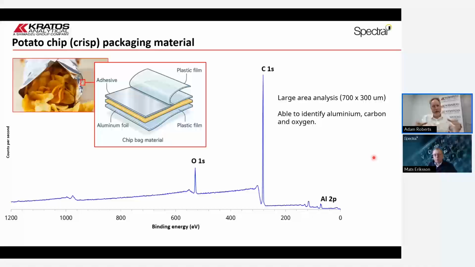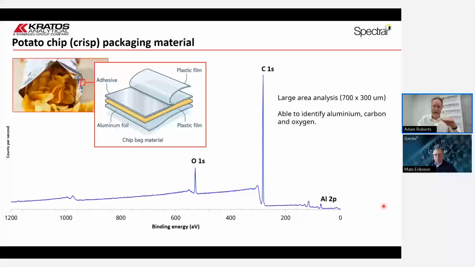So if we do a large area survey spectrum of an area of my potato chip packaging that has been opened, so we've created a seal and then we've opened the packet, and there's been failure so that we can get to the crisps. If I do a survey spectrum from an area of that seal, we can see that we're seeing aluminium, carbon, and oxygen in the spectrum.